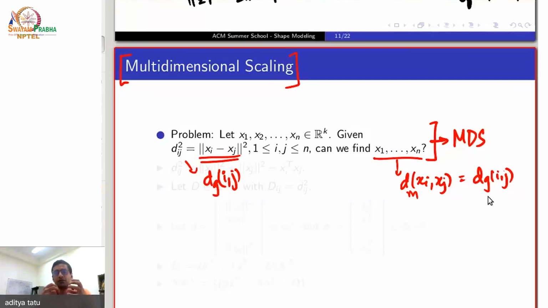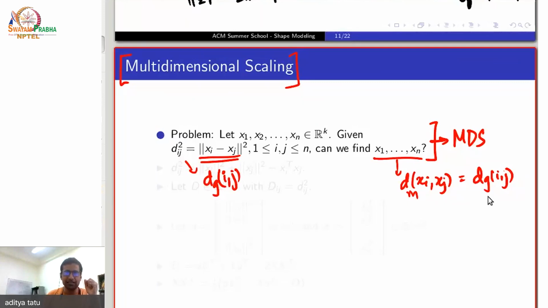You will try to find points, each point representing a particular candidate, such that the distance between two points is equal to the dissimilarity that you have figured out between those two candidates. That is the basis of this multidimensional scaling. You want to have a graphical representation of dissimilarities. That's the key.